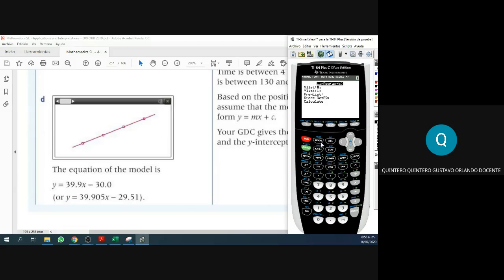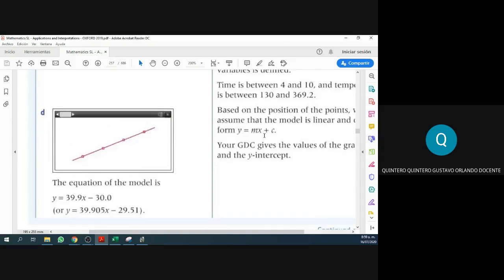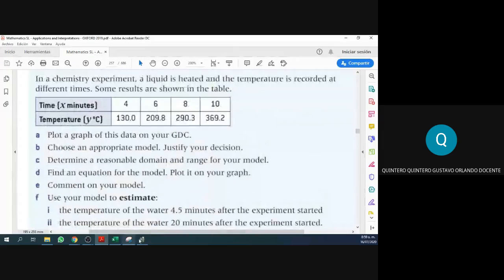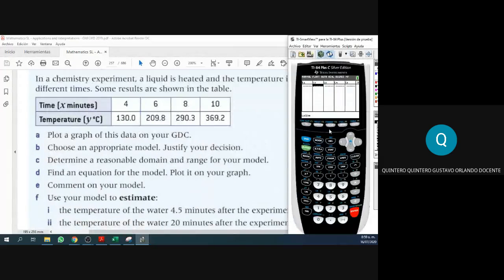So let me just quit from here. Quit. And put the data from the beginning. Stat and then edit. If I want to edit the data here, I just clear all of these, and clear the second one, right? And from here, I can introduce my data. This is pretty simple. All I'm doing here is introducing the data. You should be doing this with me, just for practice.